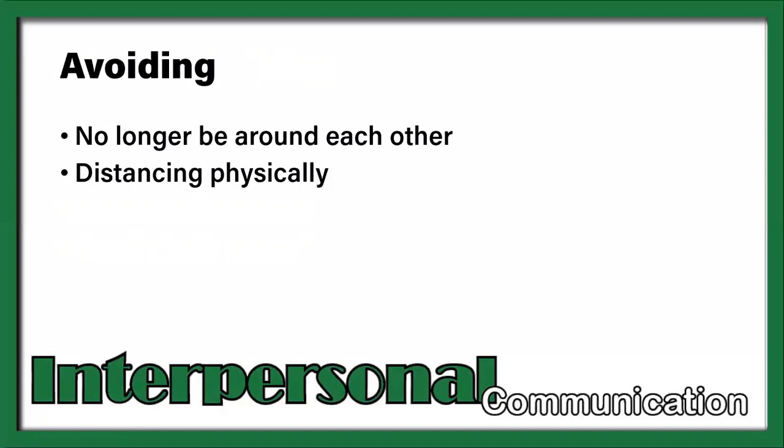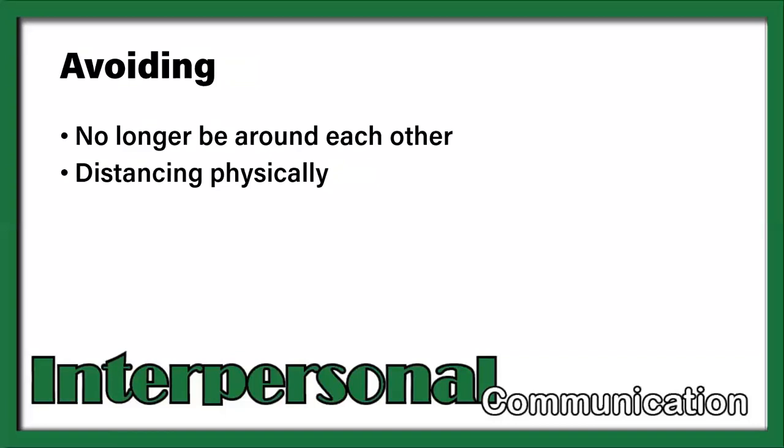The next step would be avoiding. That's when you decide that you no longer want to be around each other. So you start to create physical distance between you and the other person, and you're no longer in the same space. Now this becomes interesting if you live together.